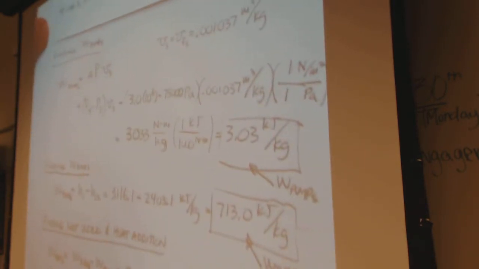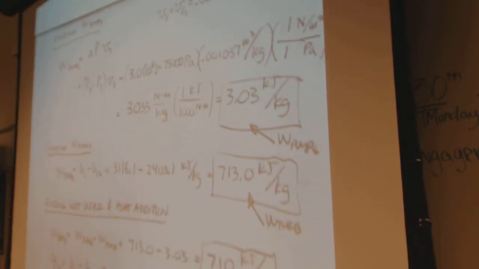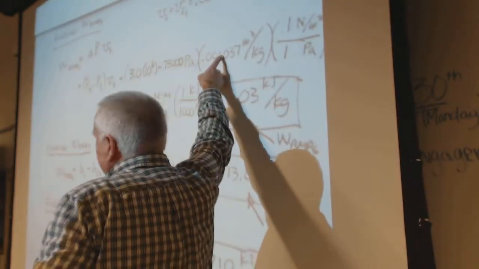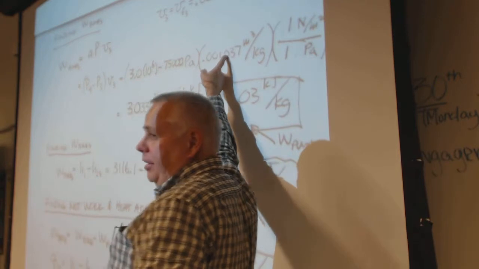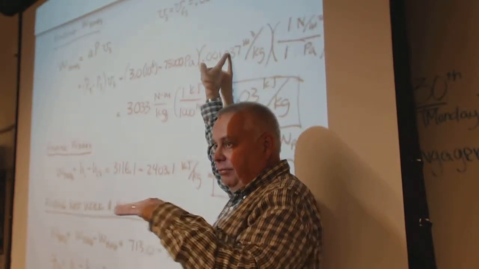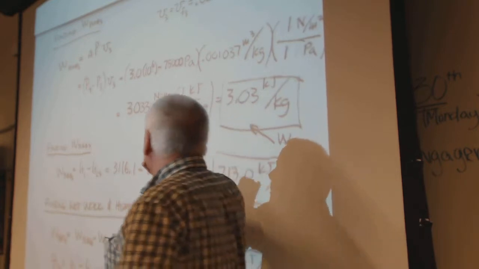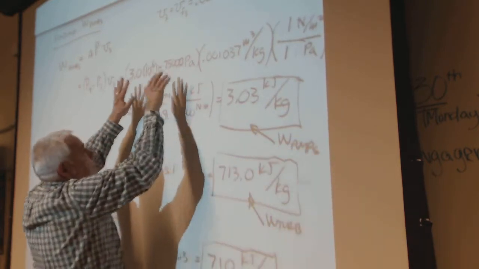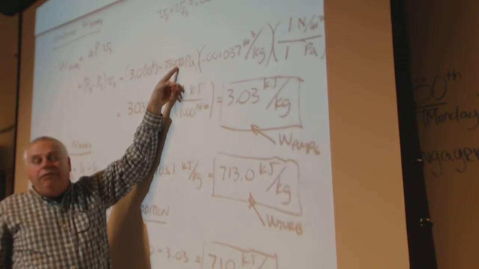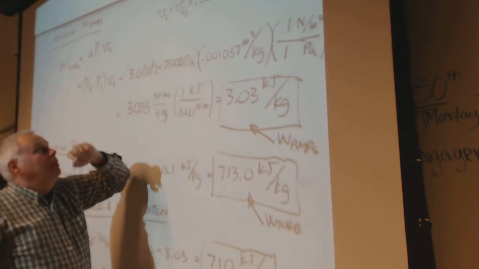This is something that doesn't come off the tables, except you have to find the specific volume of the liquid that you're pumping. That's going to be at that saturation temperature, the low temp, times the change in pressure, 75 kilopascals, which is 75,000 newtons per square meter.